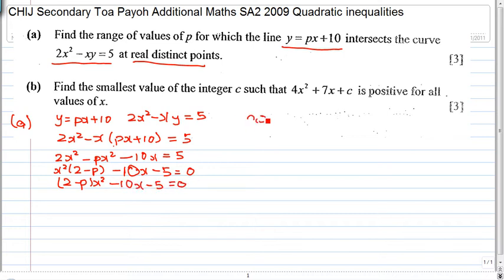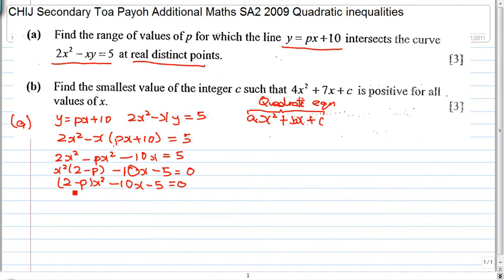Now, can you see that it resembles the quadratic equation ax squared plus bx plus c? So this is a quadratic equation.